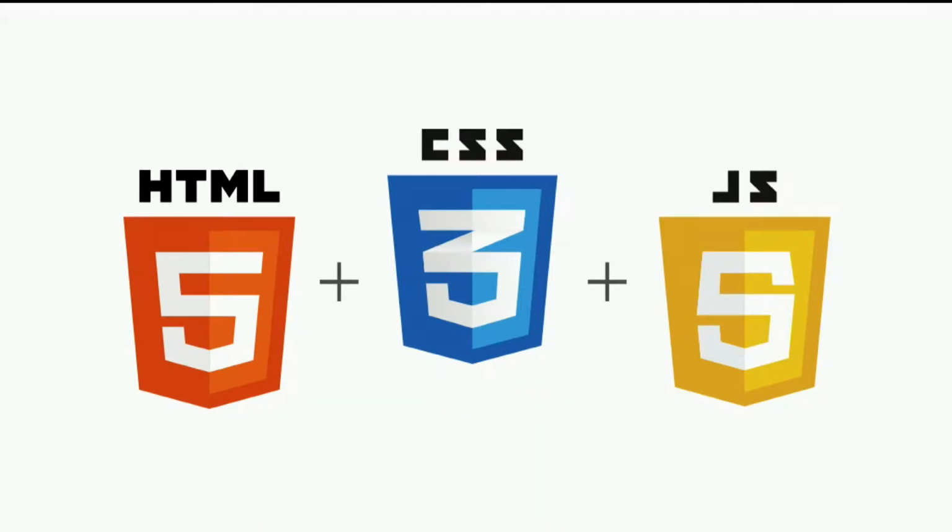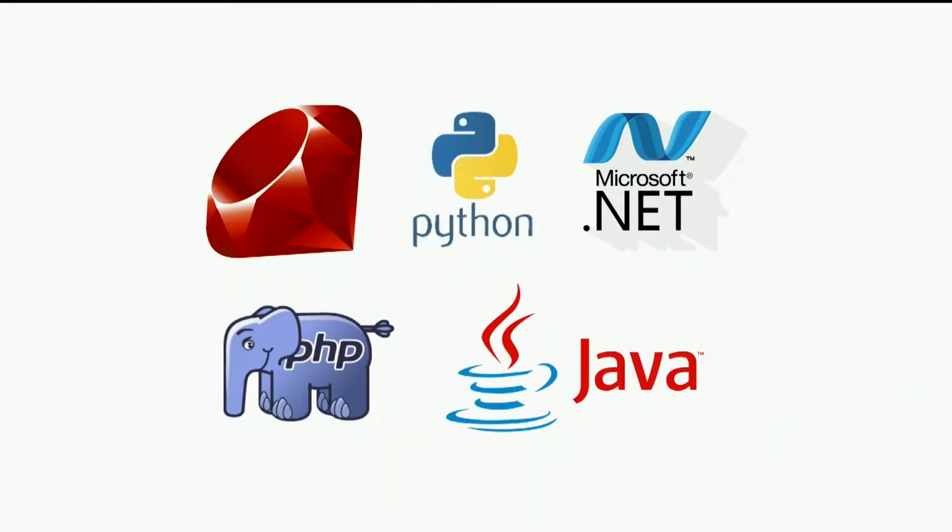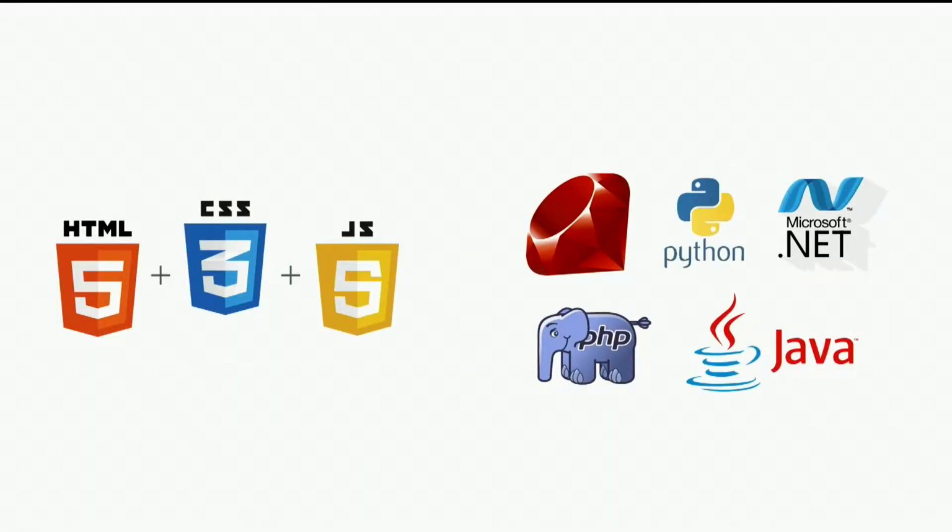HTML, CSS, and JavaScript. What do these three things have in common? To be more specific, what do they have in common with each other that they don't have in common with these? And no, "those on the left are front-end languages, and those on the right are back-end languages" is not the answer I'm looking for.